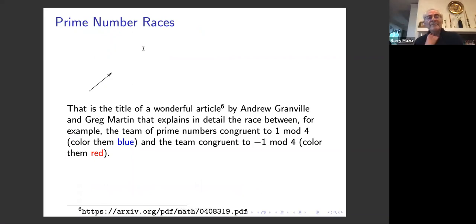Since we're talking about prime numbers, I want to talk about prime number races, and that's the title of a really great article by Granville and Martin. The footnote gives the link to it, that explains in detail the race between the team of prime numbers congruent to 1 mod 4, and I'm going to color them blue, and the team of prime numbers congruent to -1 mod 4, and I'm going to color them red.